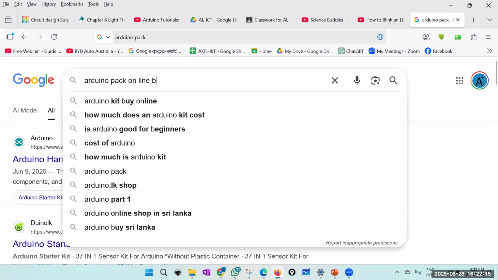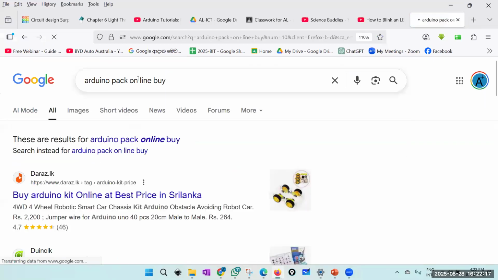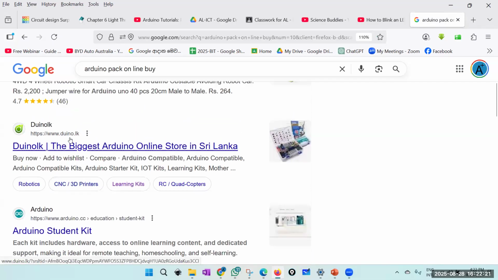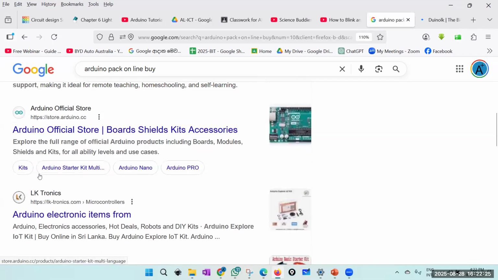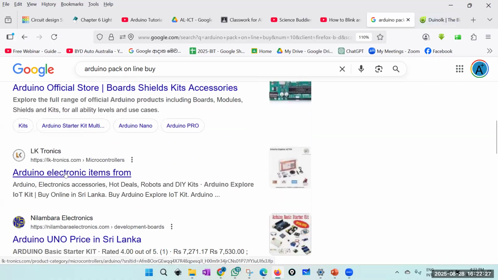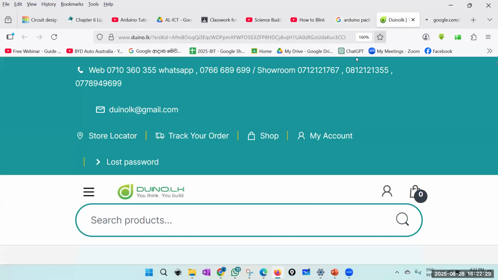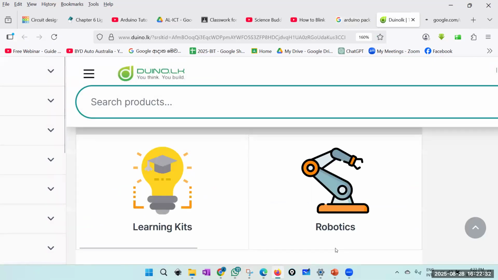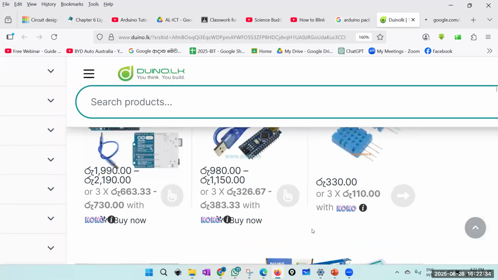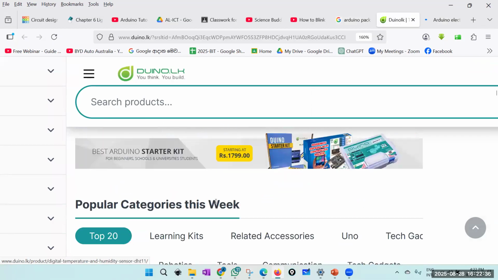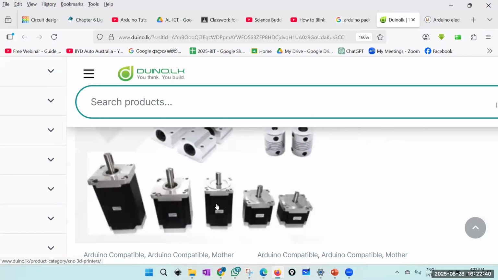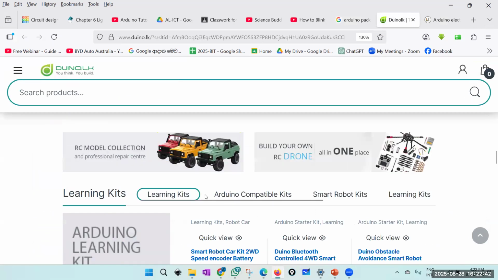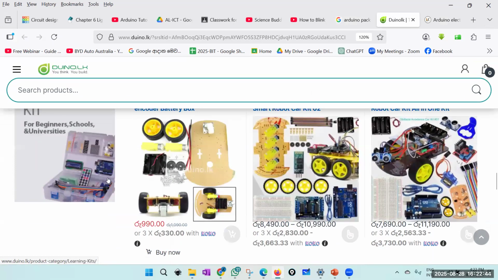You can find online on sites like these which one is more cost effective. Rather than buying these things individually, the better thing is to buy a pack of those things, something like this.